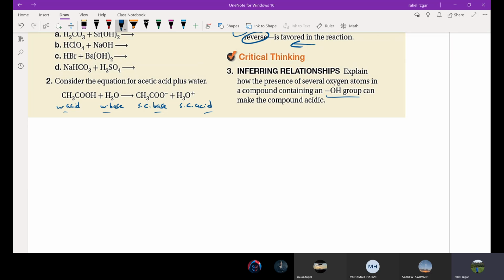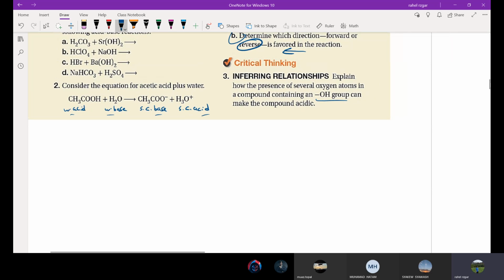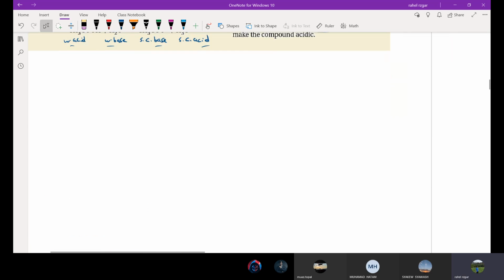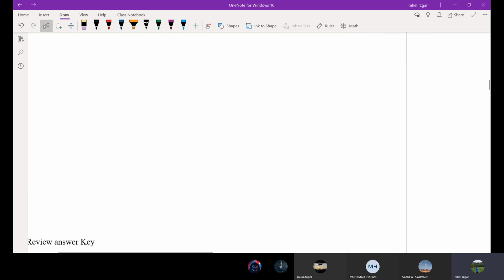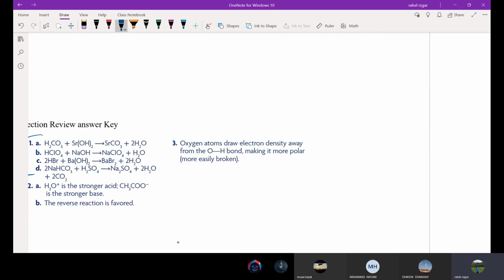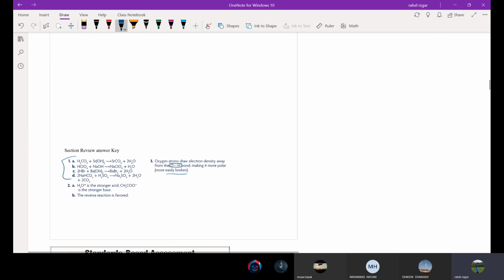If you remember, we studied that, and the answer was because the extra number of oxygen will draw electron density away from the OH bond, making it more polar. What does it mean making it more polar? More easily broken.